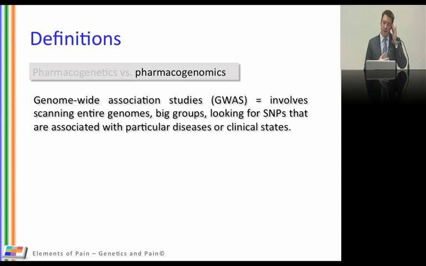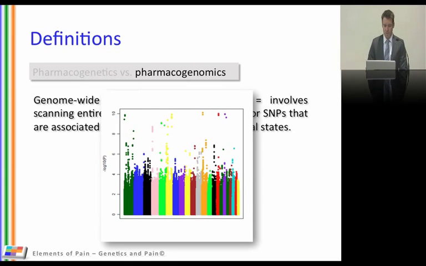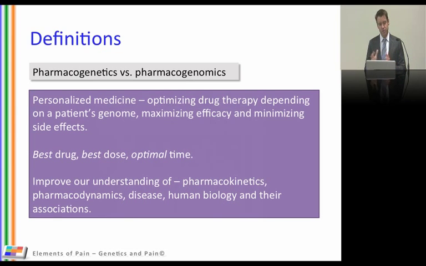And the classic study that they do are called GWAS studies, so genome-wide association studies, and there's an example of a GWAS study. So genomics, wider, broader scale, genetics really focusing down on the SNPs and how they affect drugs and drug metabolism.